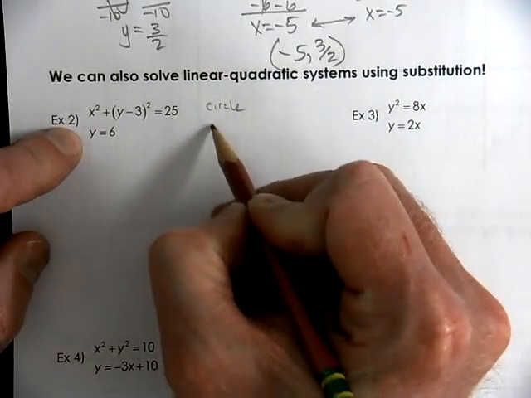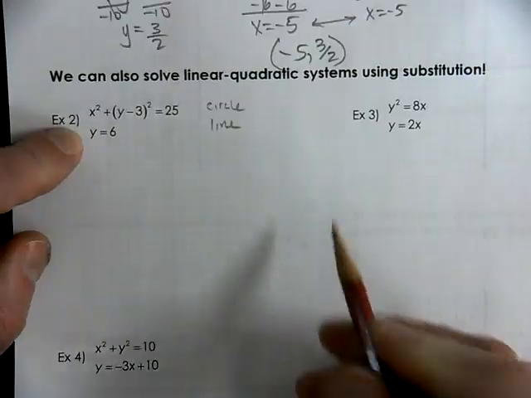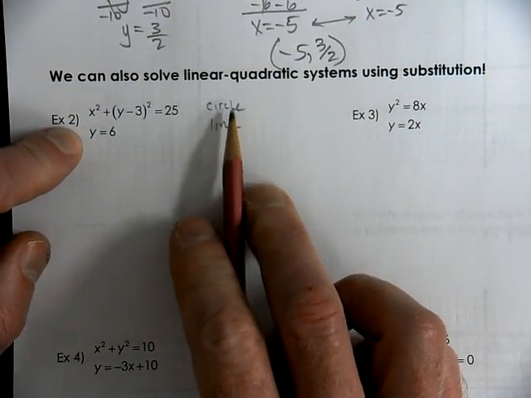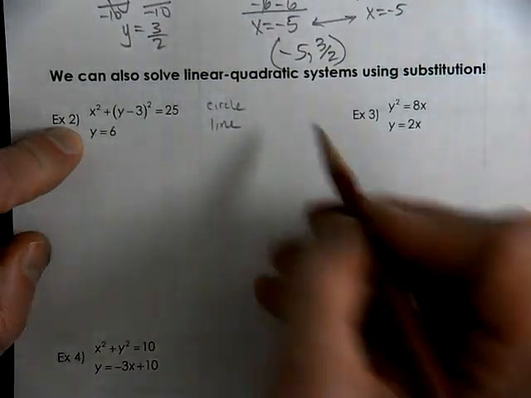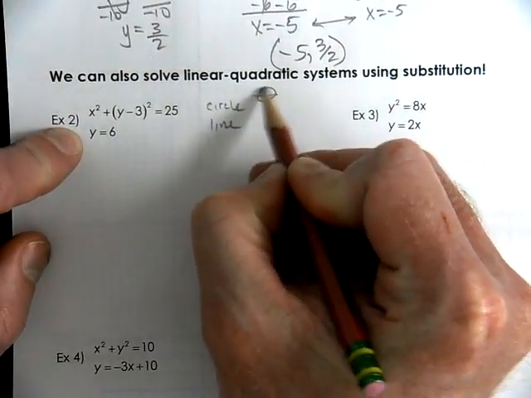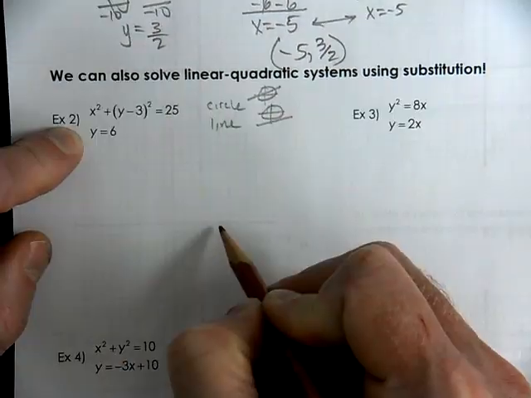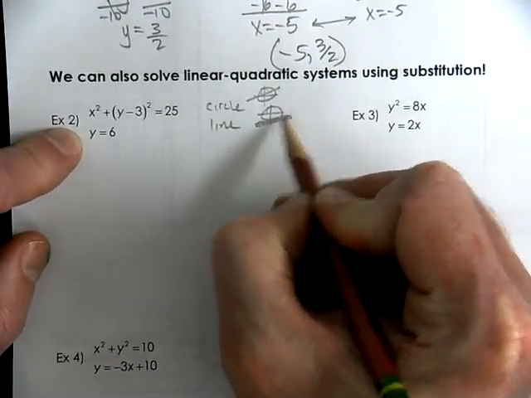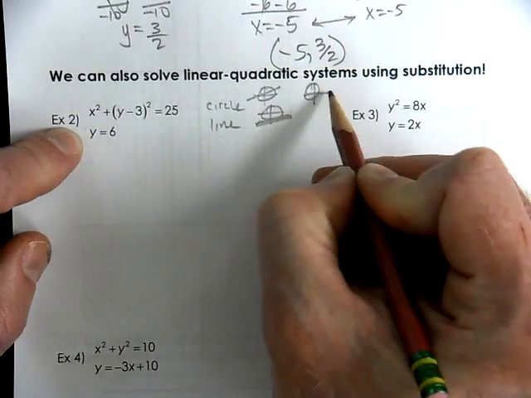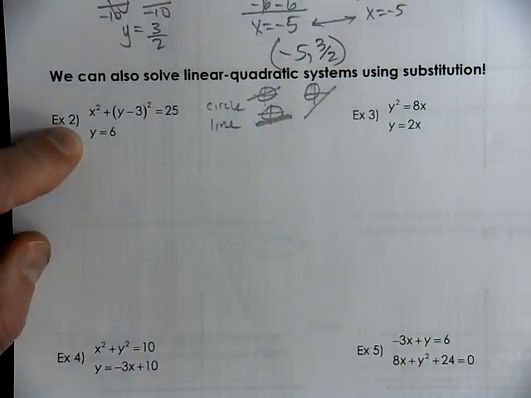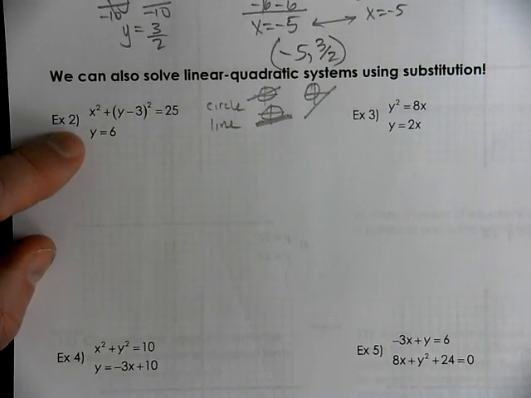It's linear. So how many times can a line and a circle cross? They could cross twice. They could cross once. Or they could cross 0 times. So any of those are possibilities. So let's see what happens here with this one.